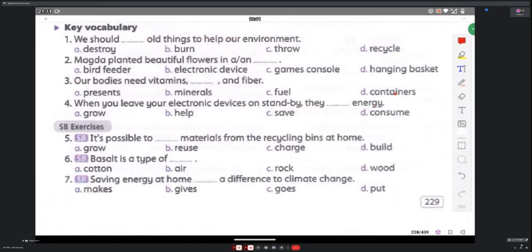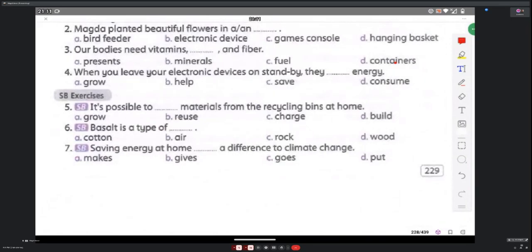Omar: It's possible to dash materials from the recycling bins at home.